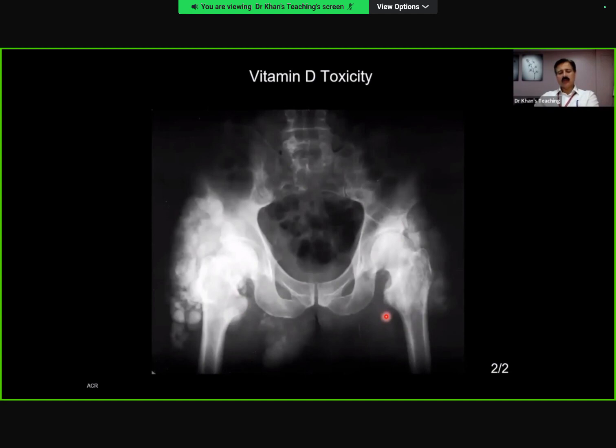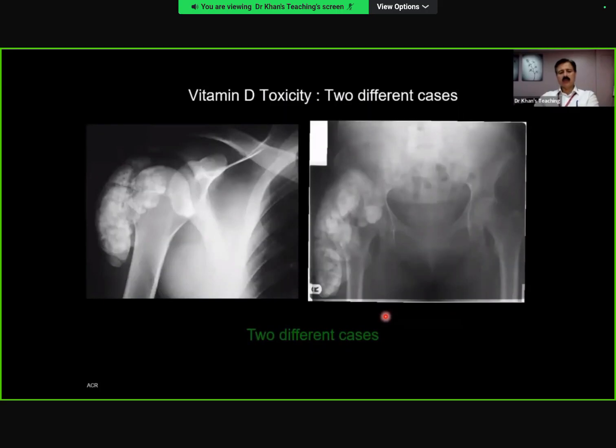One is vitamin D toxicity. Second is renal osteodystrophy, which is secondary hyperparathyroidism. And third is tumoral calcinosis. And tumoral calcinosis, as you have pointed out, will usually be unilateral. Otherwise, if you find this kind of exuberant calcification, think in these differentials.